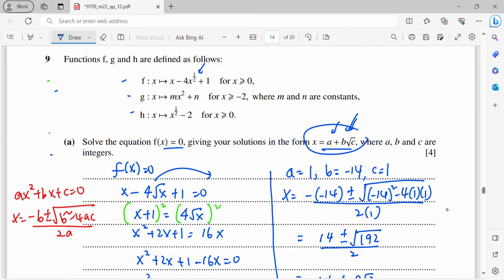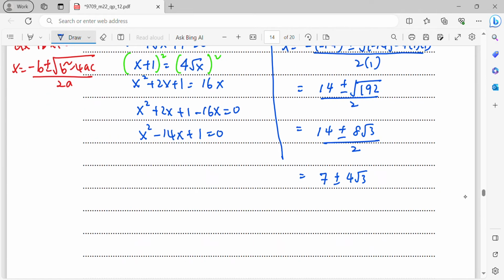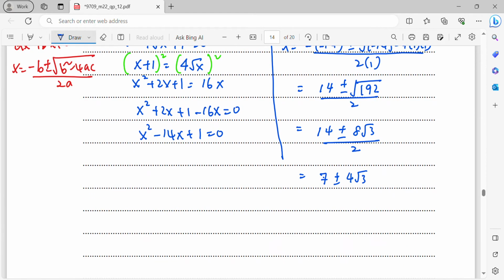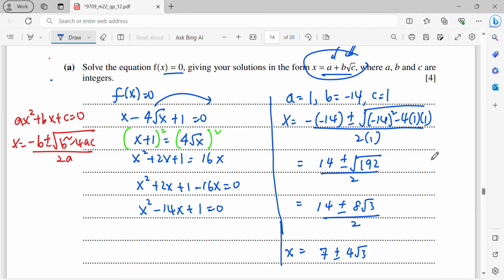It is plus because your x is greater than or equal to 0, so you cannot accept the negative one. Now when you check, 7 minus 4 square root 3 is still positive. Therefore, that's your answer. You just need to make sure that these two values are positive. So since both are positive, that's the solution of this question.